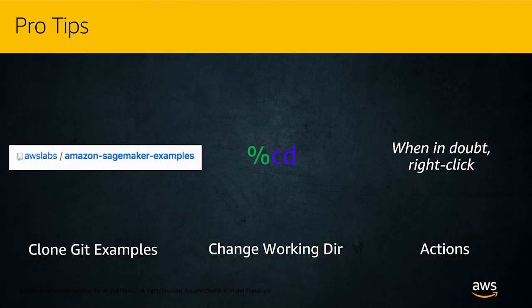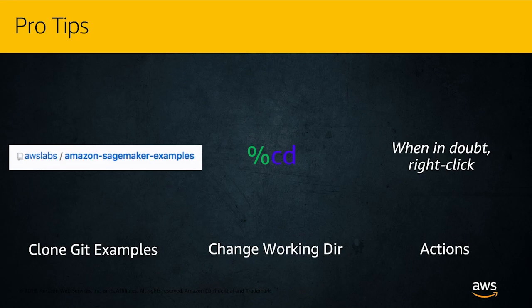So some pro tips on working with SageMaker Studio. Number one, just make sure you remember to clone those Git examples. They will not show up exactly the same way you were expecting with the SageMaker notebooks, so just make sure you've got those clones.